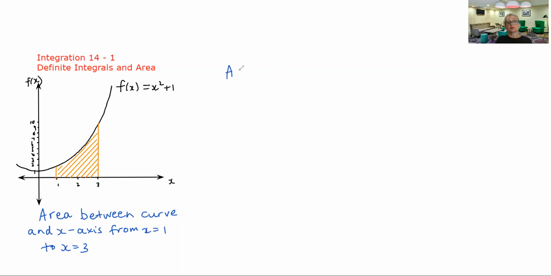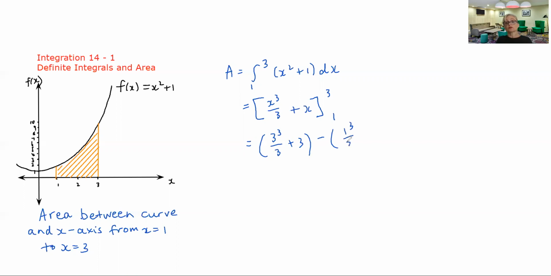So area is going to be the integral from 1 to 3 of x squared plus 1. So we do our normal definite integral, so x cubed on 3 plus x. Okay, so we're going to get 3 cubed on 3 plus 3 minus 1 cubed on 3 plus 1, which is what? 12 minus 1 1/3, which is 10 2/3 square units.